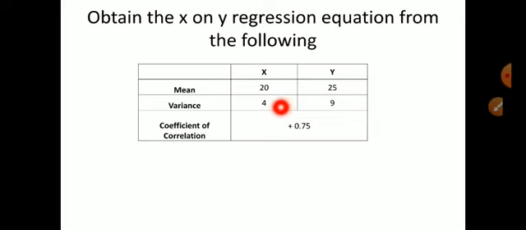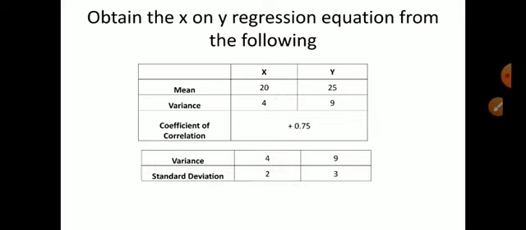Variance of x is 4, so the standard deviation is the square root of the variance, that is 2. Variance of y is 9, so we take the square root of 9 and get the standard deviation as 3. They have given the correlation coefficient, the r value, as 0.75.